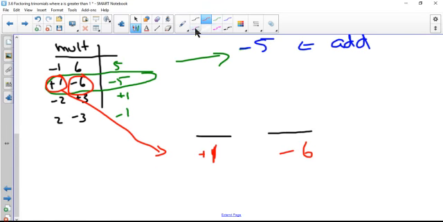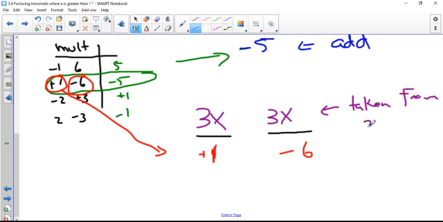We're only going to write 3x, taken from the 3x squared. We drop the square, so it just becomes 3x.